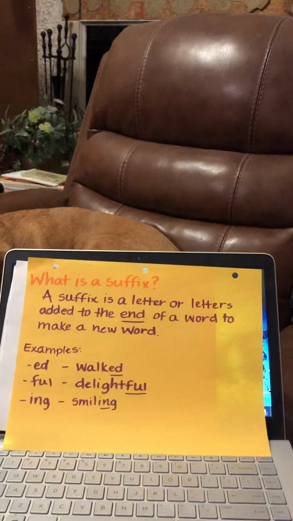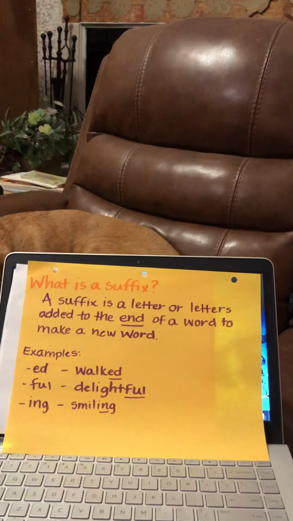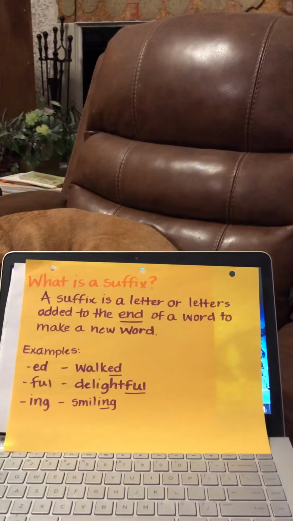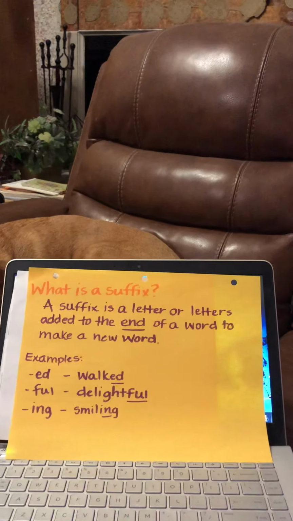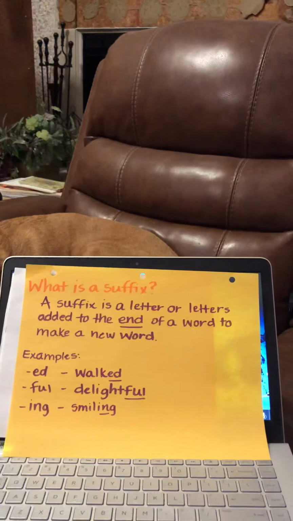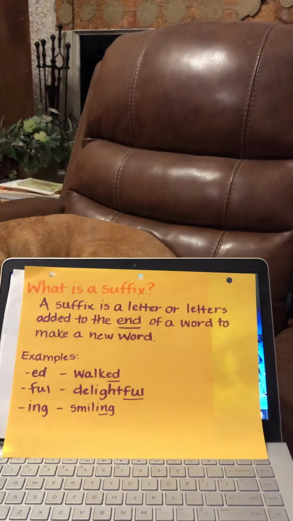I want you to notice something with the word smiling though. Smile is spelled S-M-I-L-E, but in order to add the suffix ing, we have to take away the E and then add the suffix ing.